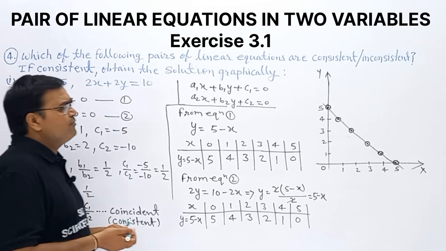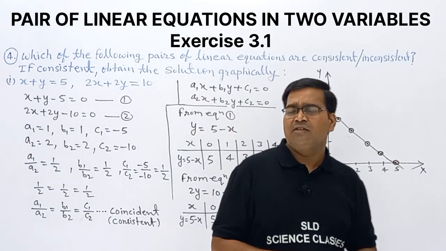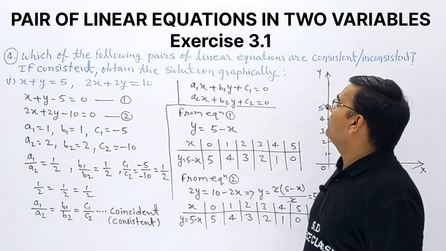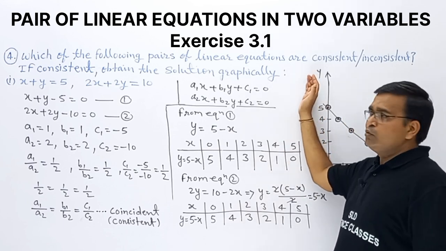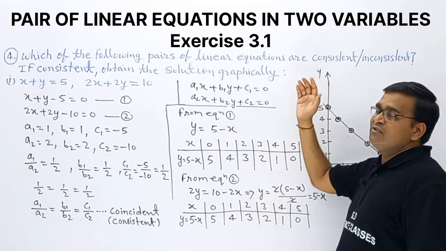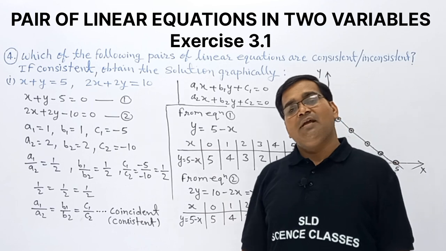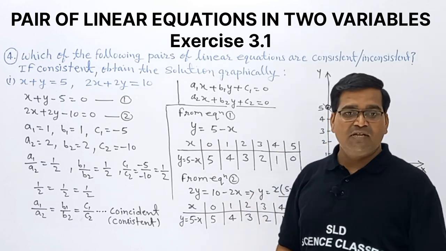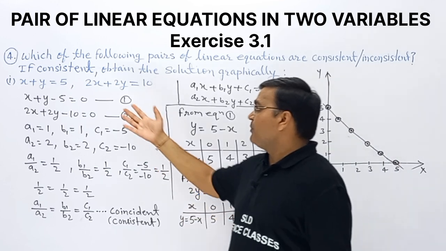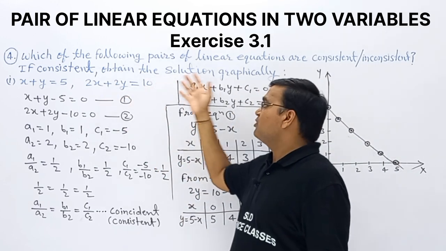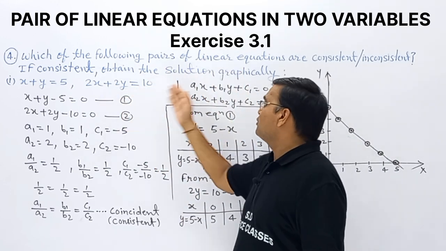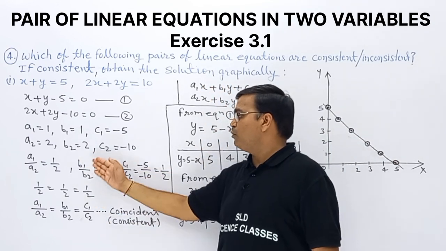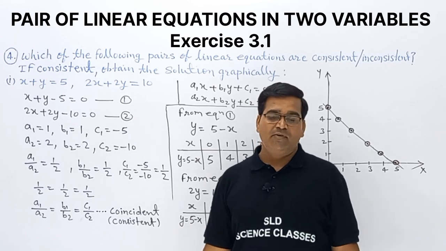So again I am revising what we did in this question. In question number 4, we have some pairs of linear equations in 2 variables. We want to check which one is consistent and which one is inconsistent. How will we find the consistency or inconsistency? We compare the linear equations in 2 variables with the general equations, find the values a1, b1, c1, a2, b2, c2, then find the ratios a1 upon a2, b1 upon b2, and c1 upon c2.